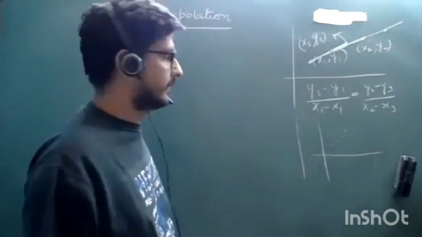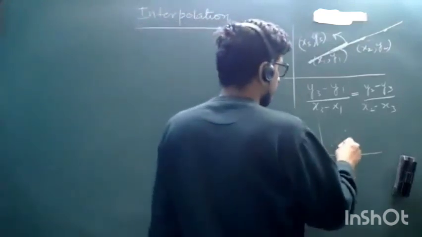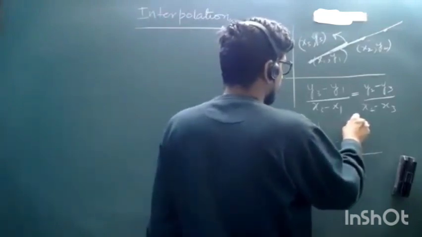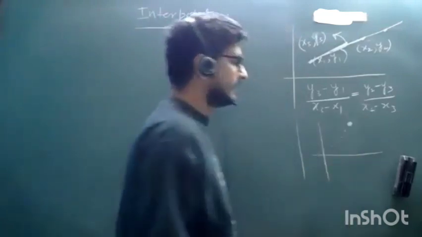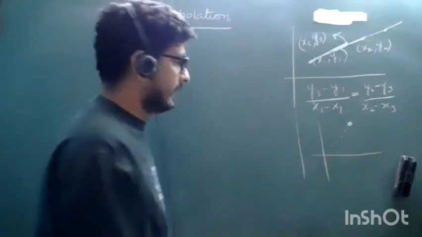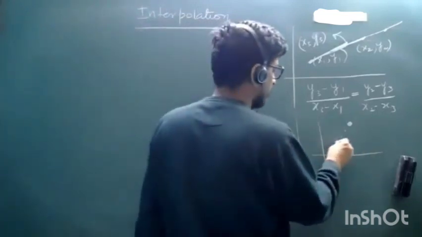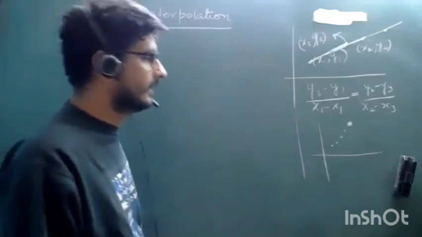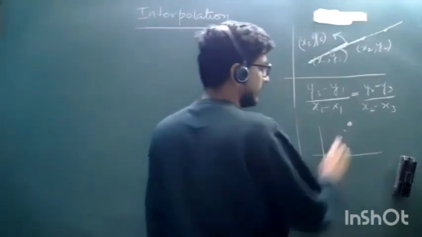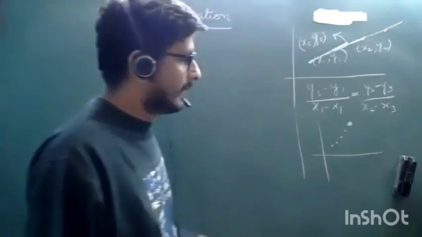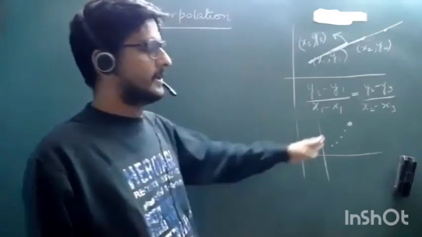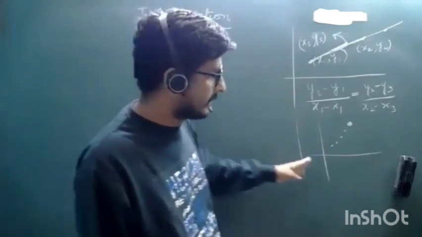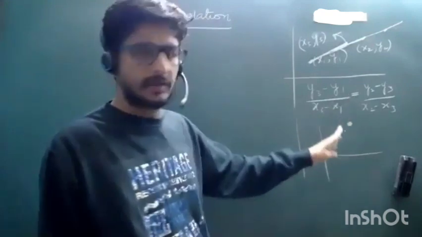A straight line is very simple, and you have to know this point which is not known. We know the values of these points: x1 y1, x2 y2, x3 y3. But suppose this point is unknown. By using the interpolation technique, that will take care of the slopes which are varying also.